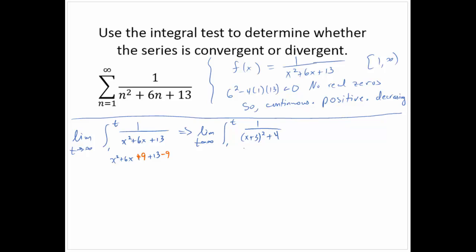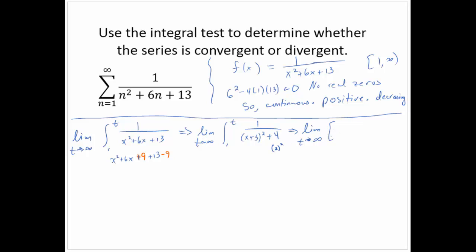And so this ends up being limit t approaching infinity of arctangent of x plus 3, and I forgot the 1/2, right? Because this is a square, that's a 2 squared.